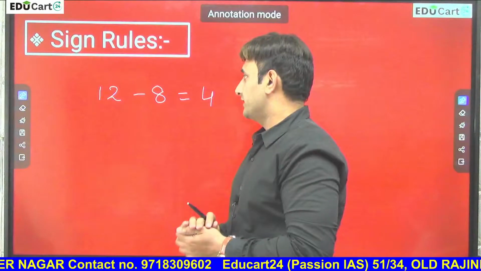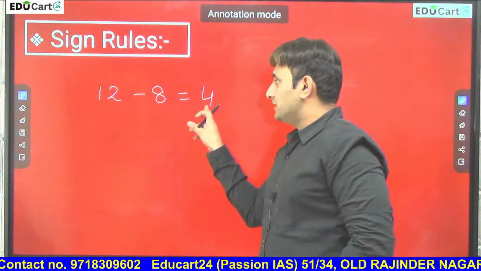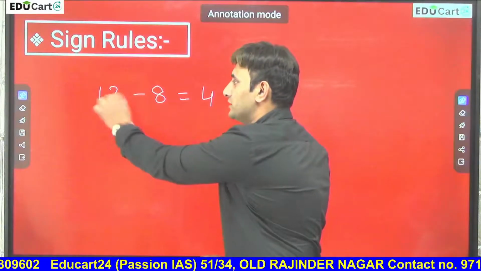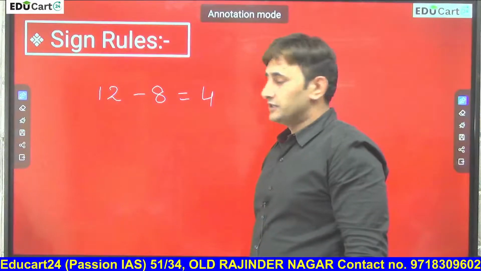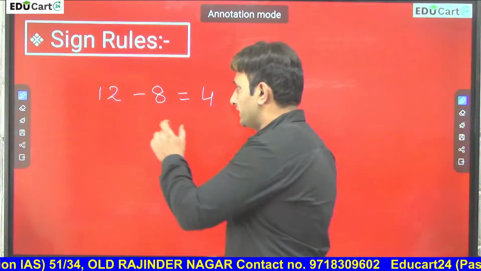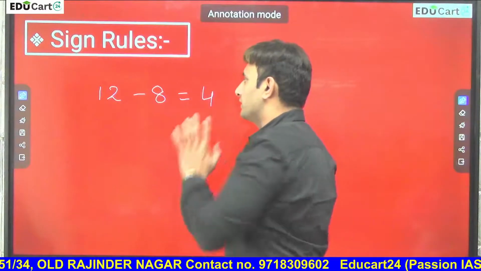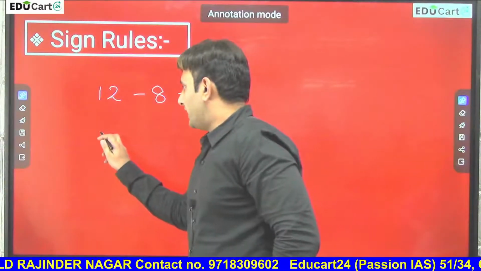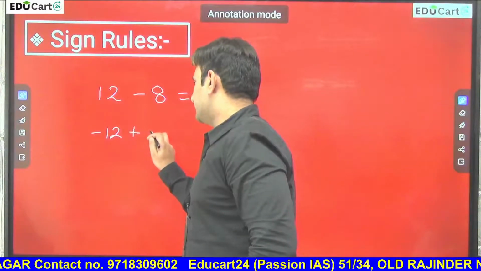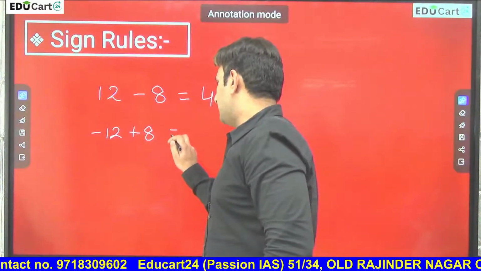The sign will be the sign of the larger of these two numbers. Got it? So 12 and 8, we are taking their difference, and the sign of the positive number will be retained here.